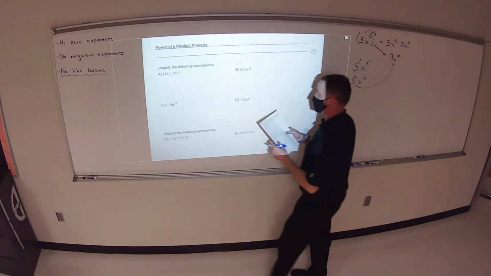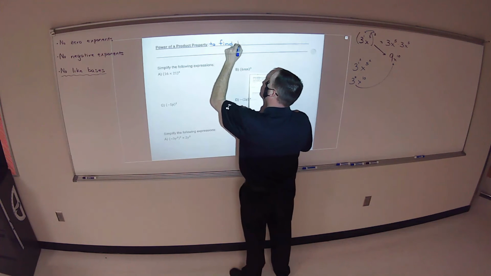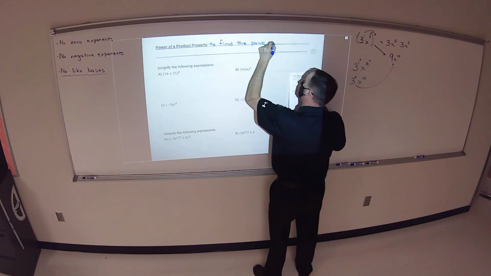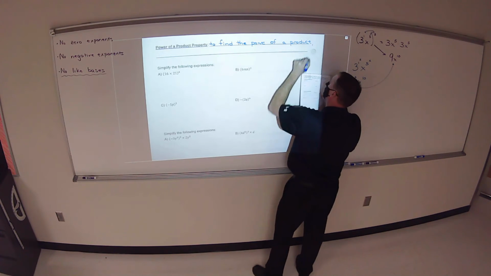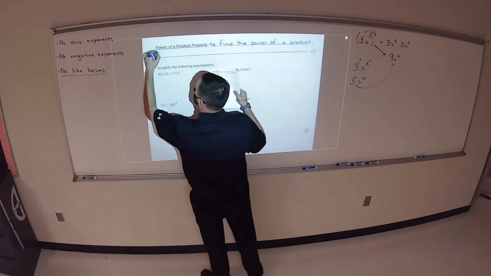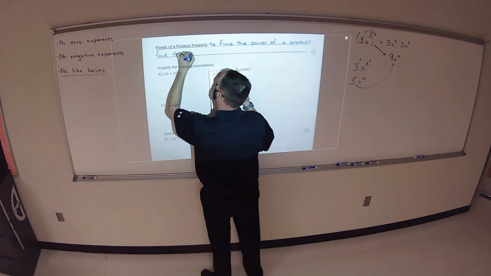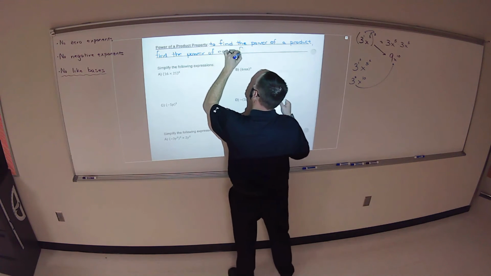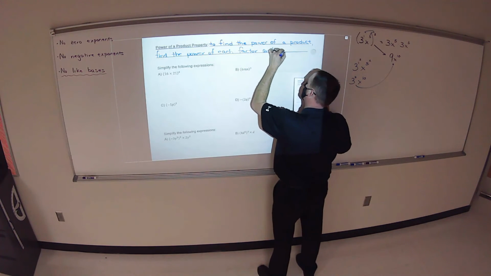Okay? So here's what it says. To find the power of a product, find the power of each factor and multiply.